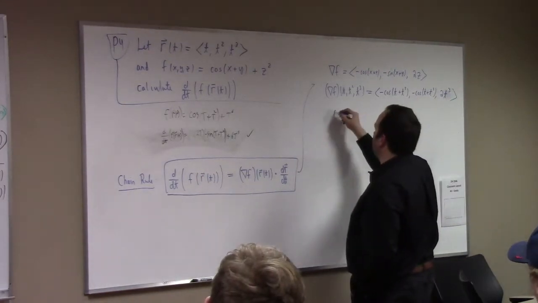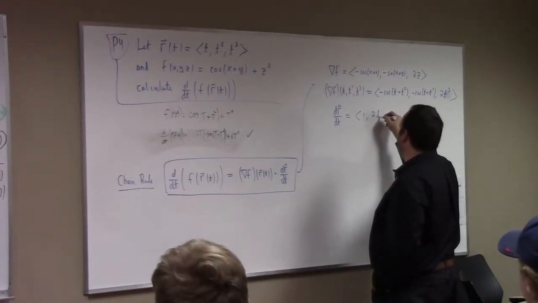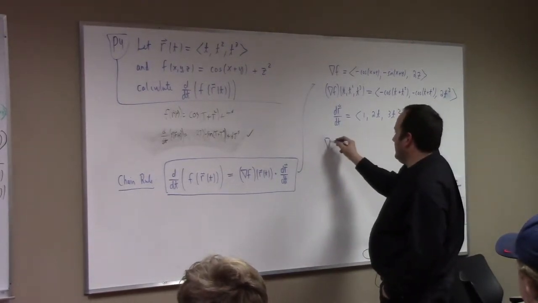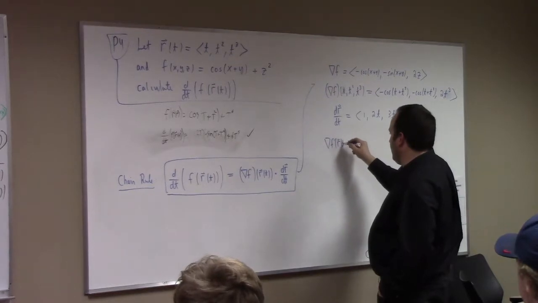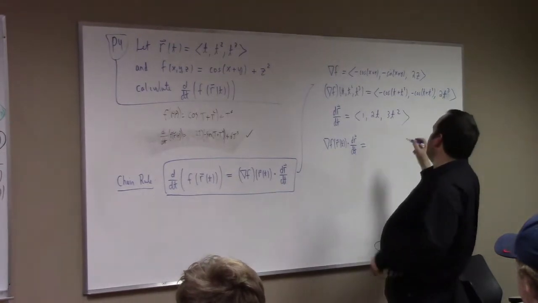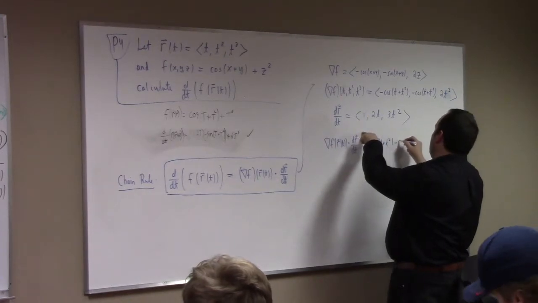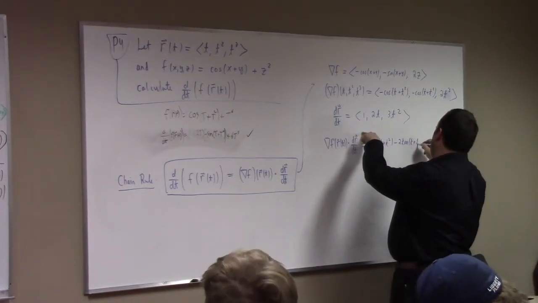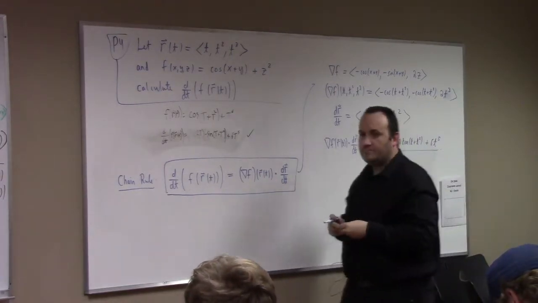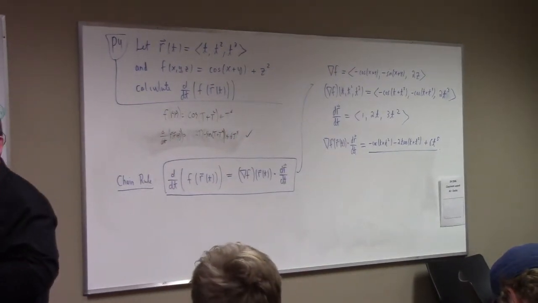What's the velocity here, dr dt? It's just 1, 2t, and 3t squared. So when we calculate the gradient of f at the path r of t, dotted with the velocity dr dt, we just get minus cosine of t plus t squared, minus 2t cosine of t plus t squared, and then plus 6t to the 5th. And you're like, well, I'm glad you've shown me this chain rule, but clearly my way was easier.